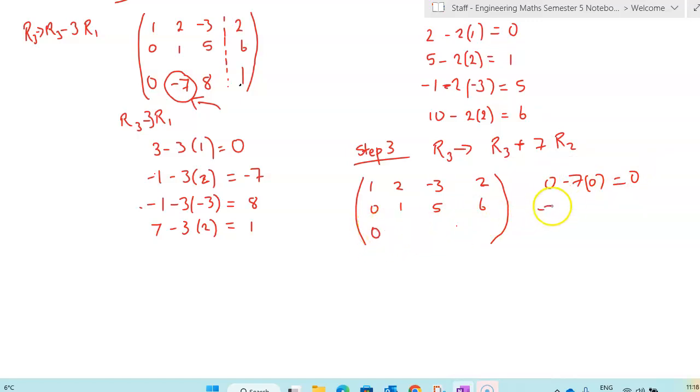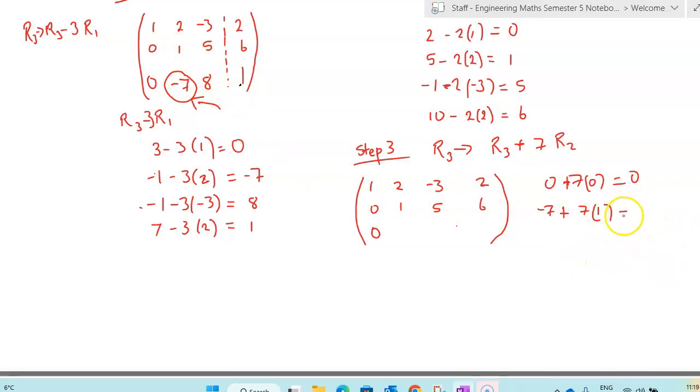Then we have minus 7. Oh, sorry, there should be a plus in there, but that makes no difference there. Plus 7 ones. So it's minus 7 plus 7, which is 0. That's great. That will go there, 0.